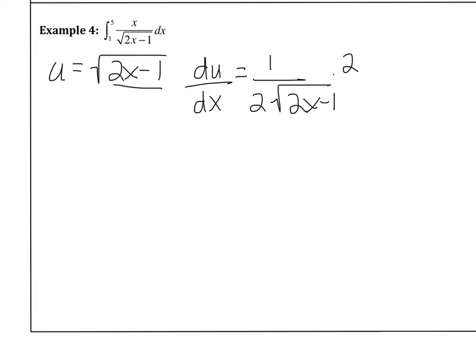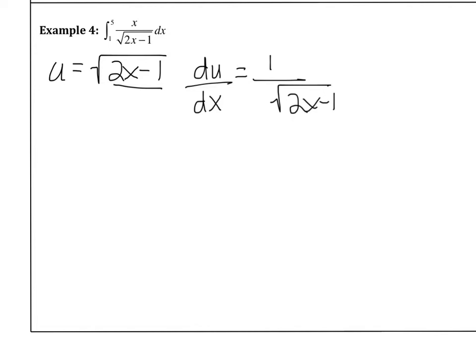So just to save myself some room, because apparently I'm bad at budgeting that, I'm going to go ahead and erase the 2's because they cancel. Now let me start to rewrite, and we'll see where this takes us.